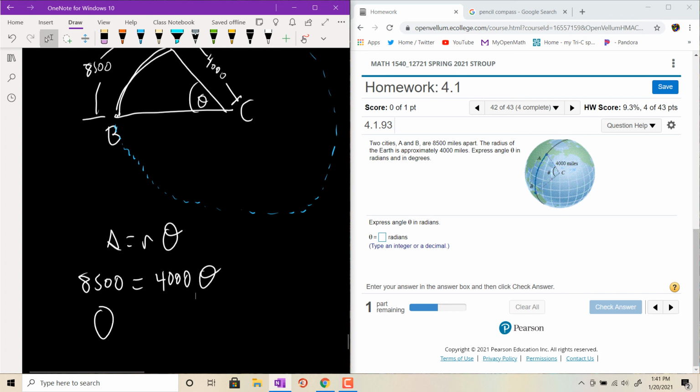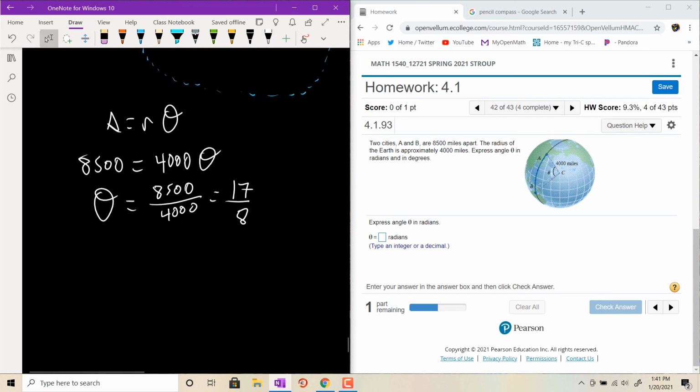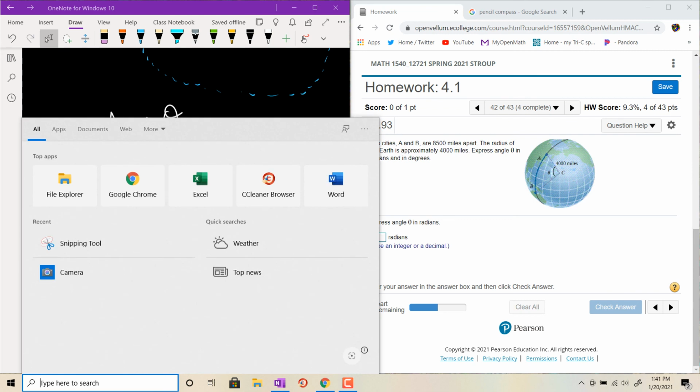And here theta will be 8,500 over 4,000, which, when all is said and done, is 17 over 8. They want it as a decimal, so I'm going to get my calculator to figure that out.